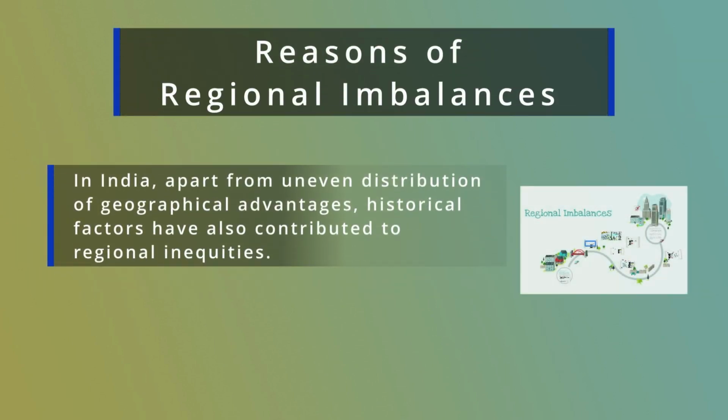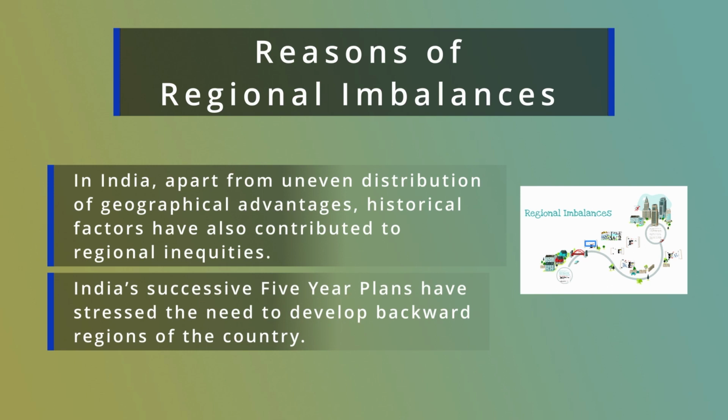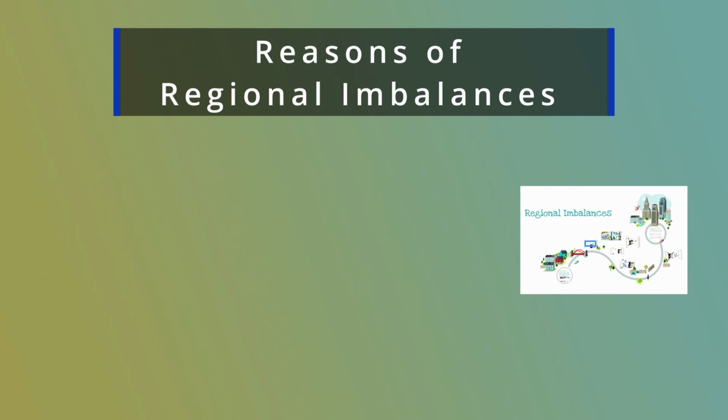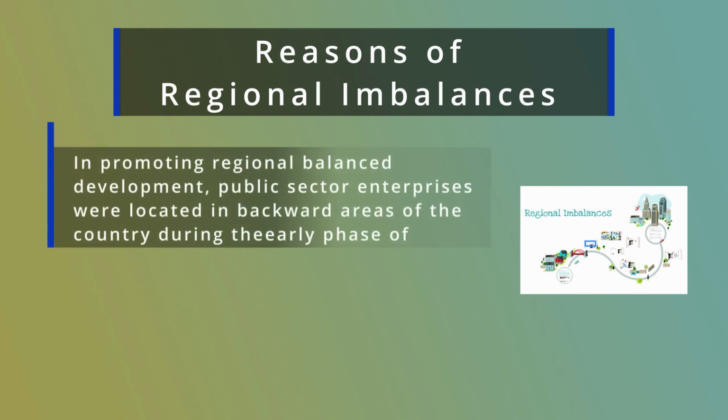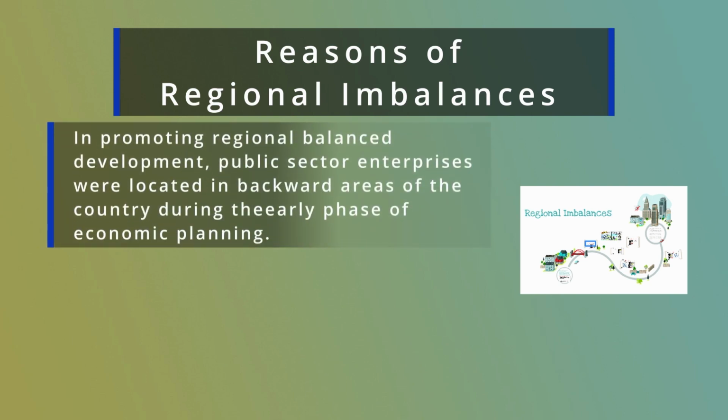In our country, along with the natural regional imbalances, historical reasons are also equally important for the regional imbalances. It is also true that different 5 year plans in our country have been targeted to reduce the regional imbalances, and the government also introduced different policies and programs to overcome the regional imbalances.